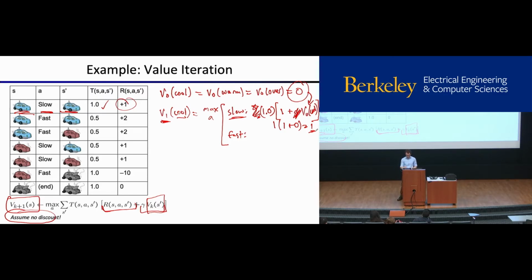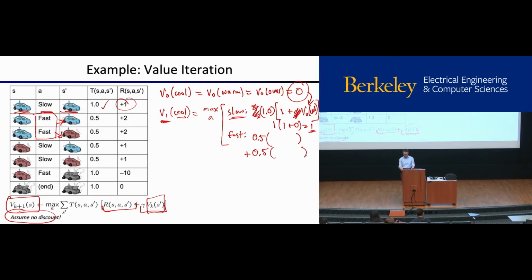So now we have to go and say, all right, well, what was the other action we could have taken? We could have gone fast. If we go fast, we have this table here that tells us, well, 50% of the time we go to this cool state, 50% of the time we go to this warm state. So that means we're going to have to take the sum over the weighted probabilities. There's 0.5 of each case times something.